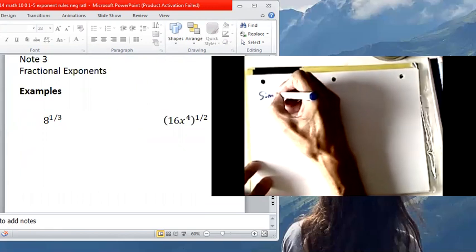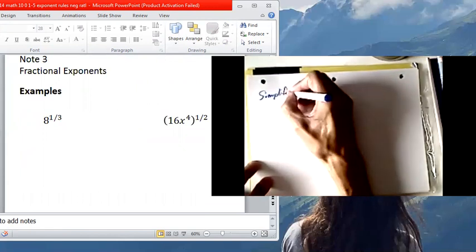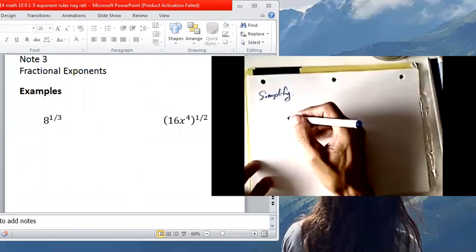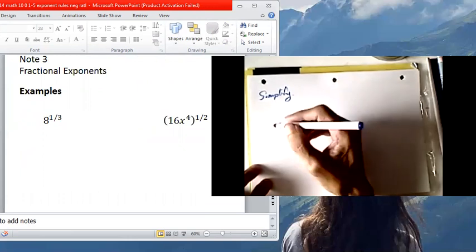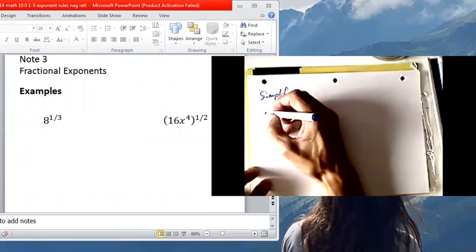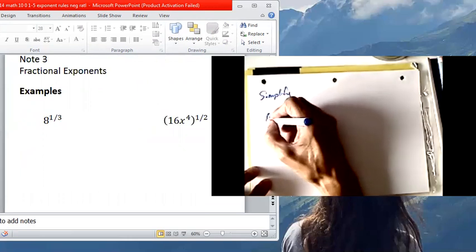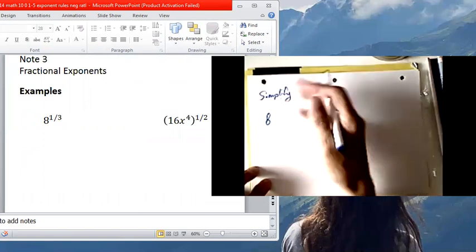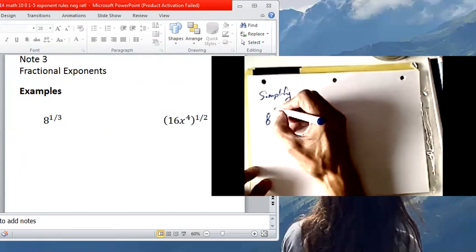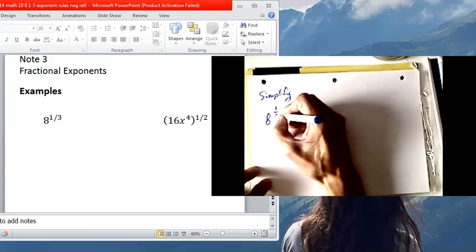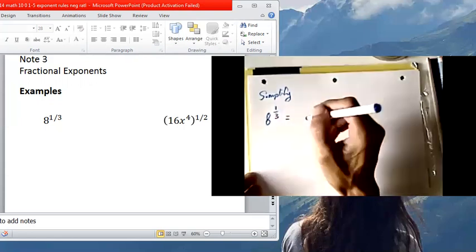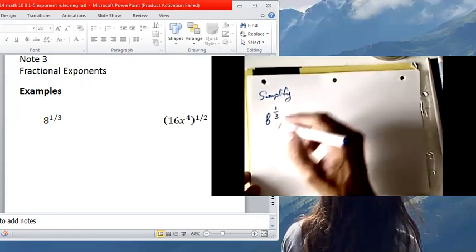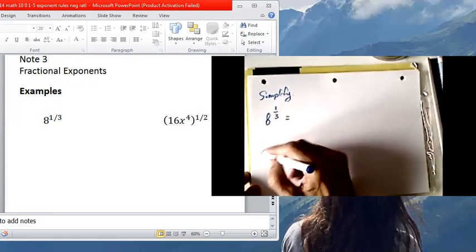So, with 8 to the power of a third, or to the power of 1 over 3, 8 to the 1 over 3, well, what do we do? Prime factorization first. I might do it right here.